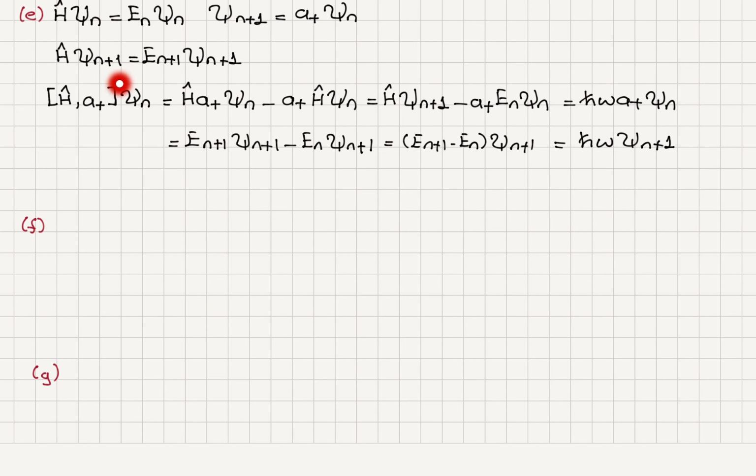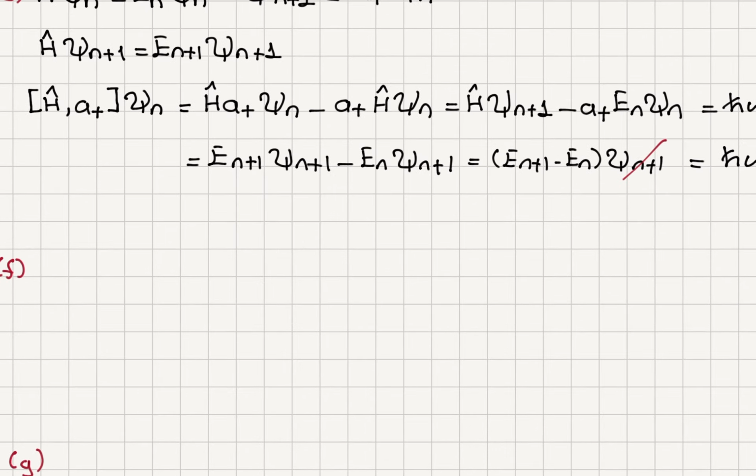So if I apply it to psi sub n here, that's what I'm doing. So these two are the same, so psi n plus 1 will cancel out, and I will find that the energy difference between the n plus 1 state and the nth state is equal to h bar omega.